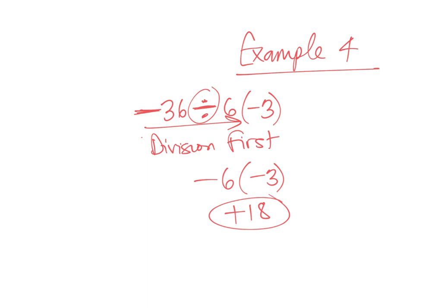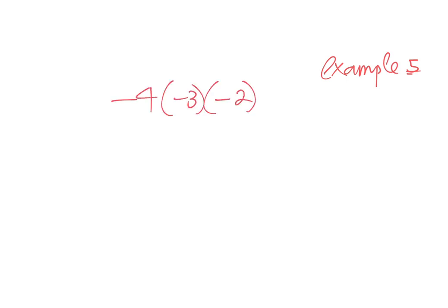In your book, in example 5, they give you a situation now where you have a series of exponents. Just take care of the exponent first, right? So let's look at this one, example 5. So you have negative 4, negative 3, and then let's say negative 2 cubed. You have to take care of this negative 2 cubed first, and that actually becomes negative 8.